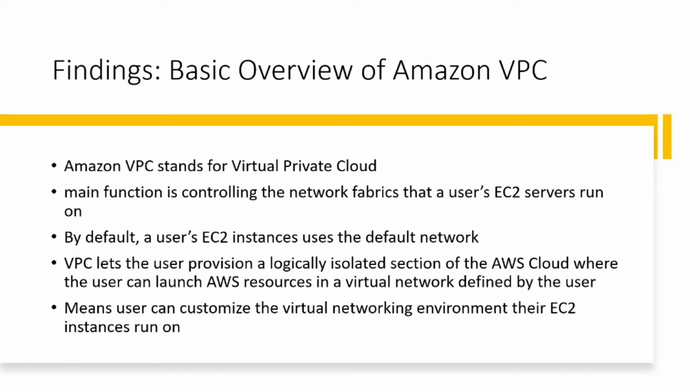By default, a user's EC2 instances use Amazon's default network, but VPC lets the user provision a logically isolated section of the AWS cloud, where the user can launch AWS resources into a virtual network defined by the user instead of Amazon. This means that the user can customize the virtual networking environment their EC2 instances run on, and it is extremely customizable.